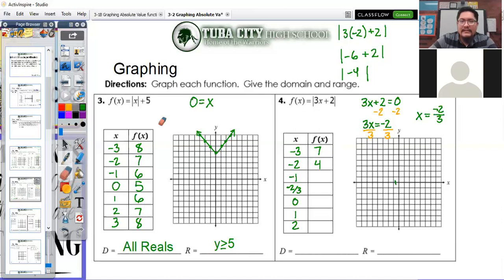And then let's go ahead and plug in the next one. So this would be -1. So 3 times -1 would be -3. -3 plus 2 would be -1. So that would mean we'd get +1 here.